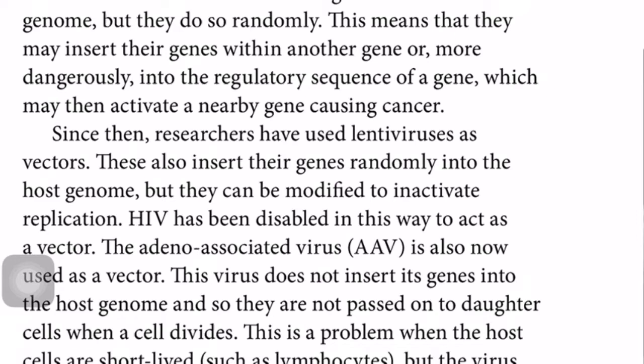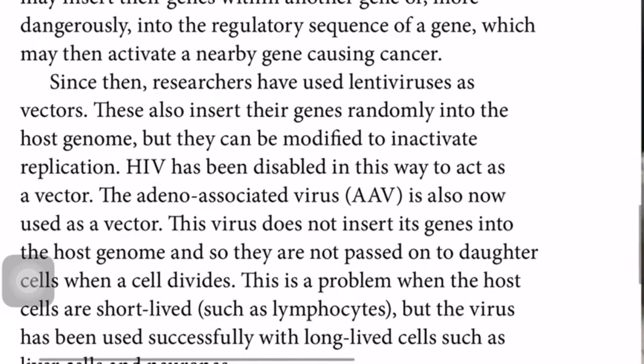It may insert it into an unwanted position, and if by any chance they put the gene where they'll activate a nearby gene causing cancer, then that will be very sad.